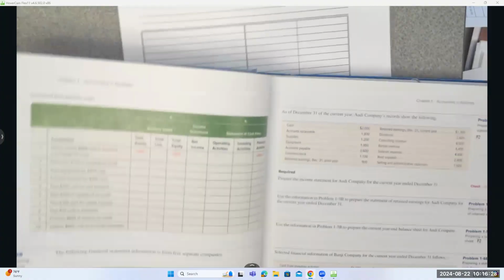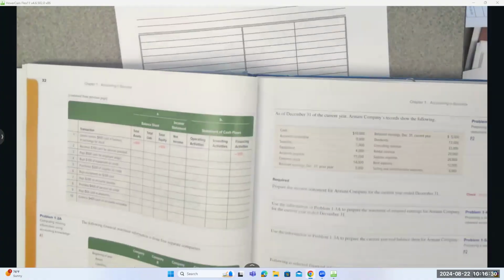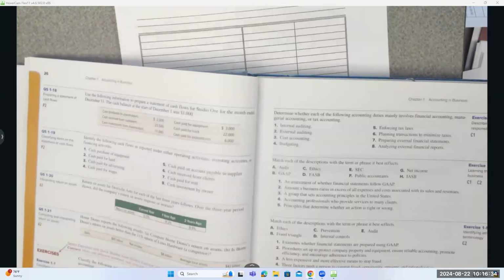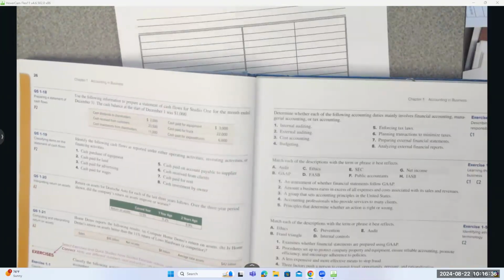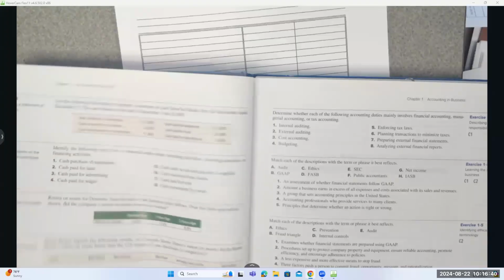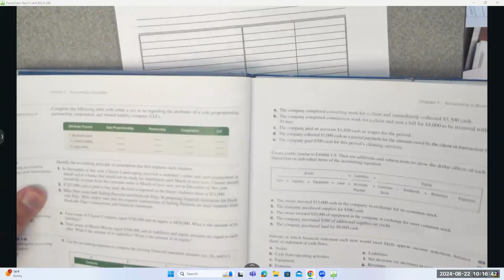I think we'll do those problems next time. I'm going to look for an exercise that I think I want to emphasize. Again, no statement of cash flows. Might have to make it up. Let's see.